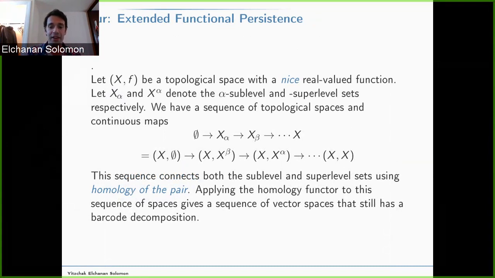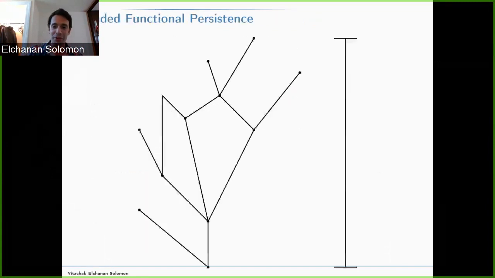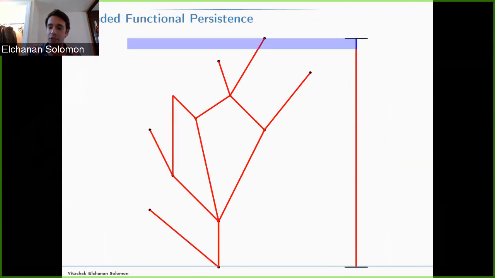So I have a not so high-tech visual demonstration of this. Imagine this is a metric space, like a graph with a metric, and there's a height function, in this case the distance from the node all the way at the bottom. The red will indicate these increasing sublevel sets. In the first half of the filtration, you increase the sublevel sets to get the full space, and then in the next part you start quotienting out by bigger and bigger superlevel sets.